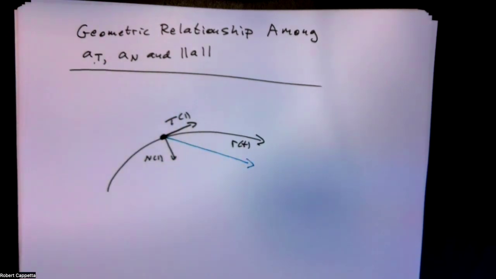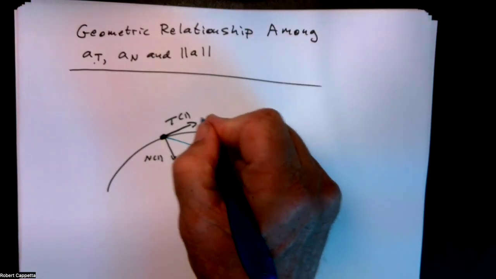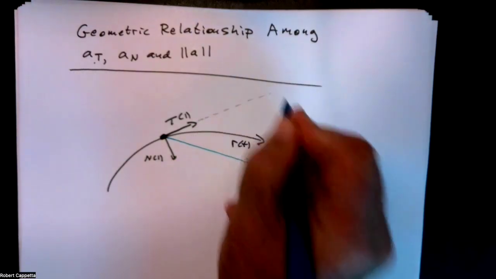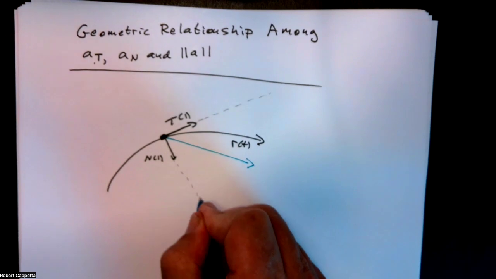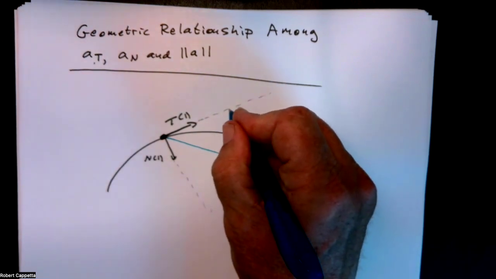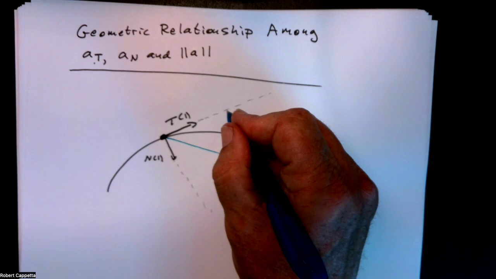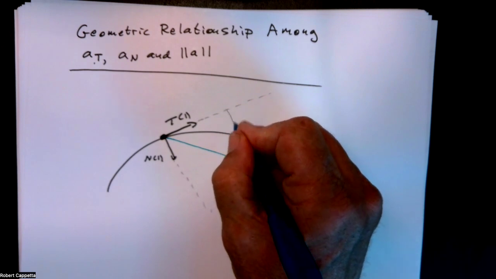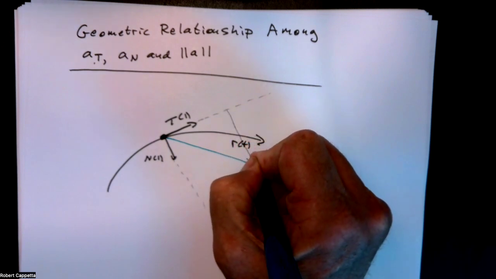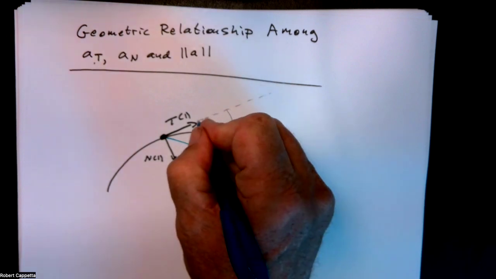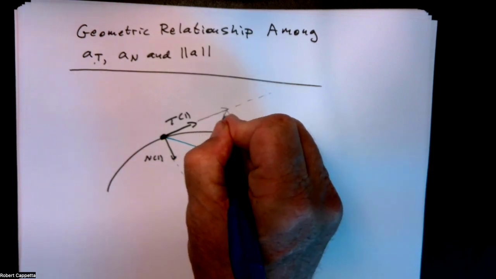So we know we have to decompose the acceleration into some multiple of T plus some multiple of N. What will that look like? So let's extend T out. Let's extend N out until we see how far it goes. So this will be this version, and this will be that version.